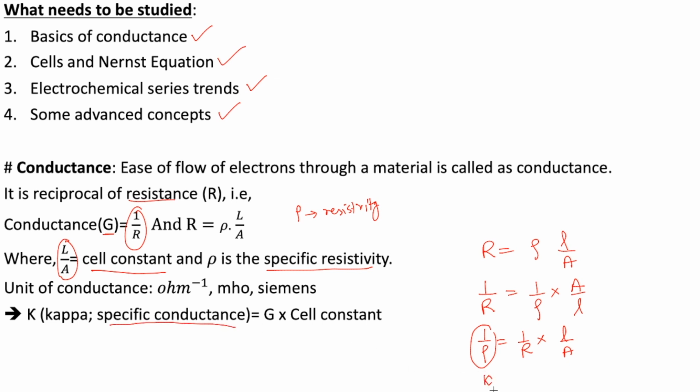So kappa is equal to 1 upon R, which is nothing but conductance, G, into L upon A, which, as I already mentioned, is nothing but cell constant. So you will have another formula, that is kappa is equal to G into cell constant. All right. So this is an important formula. From here, 2 marker questions are generally asked in CSIR NET exam.